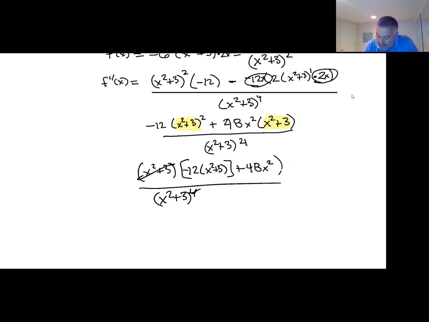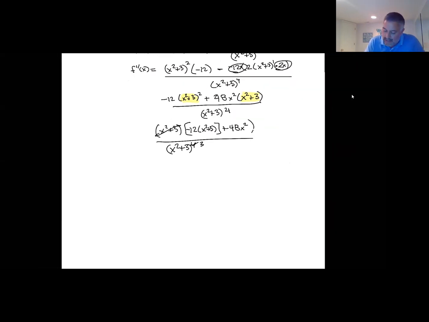This will cancel that down to a third. If I distribute that -12, I will have -12x squared minus 36 plus 48x squared all over x squared plus 3 cubed.